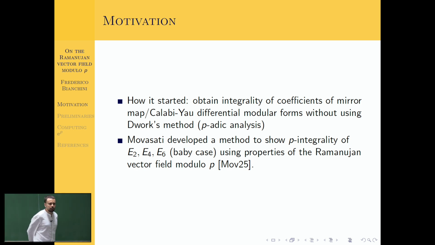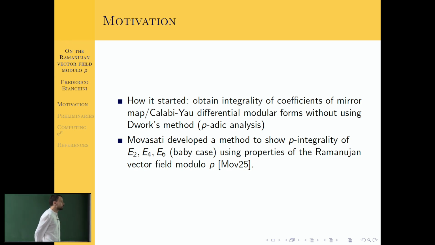And in the hypergeometric case, integrality is proven using Dwork's method, which is from a p-adic analysis setting, right? So he started to look at these kinds of vector fields.